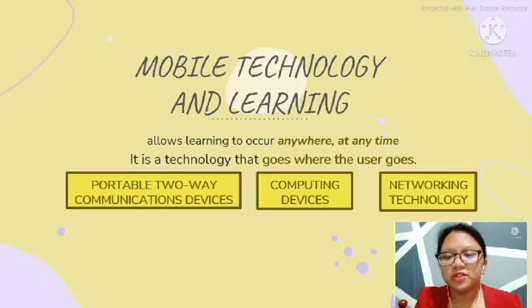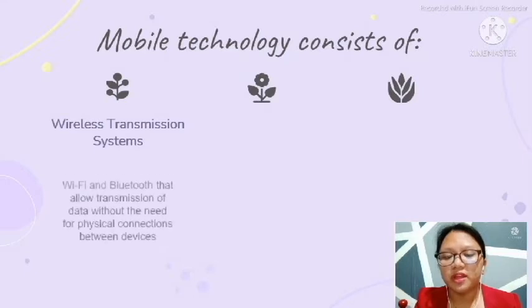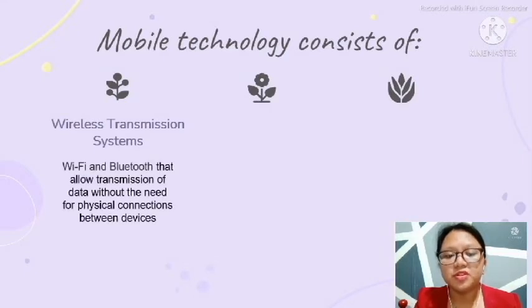Mobile technology consists of wireless transmission of systems, such as Wi-Fi and Bluetooth, that allow transmission of data without the need for physical connections between devices or between a device and an internet connection.